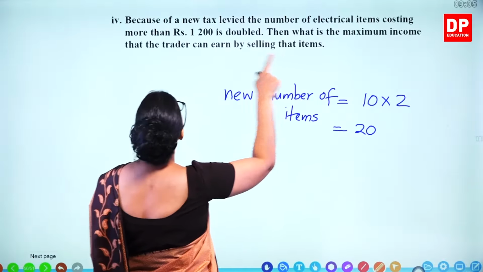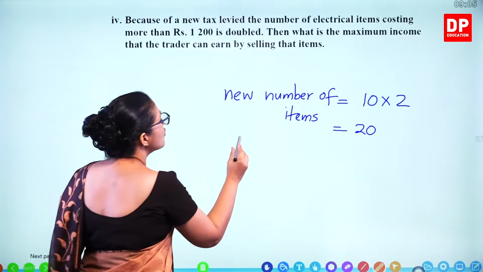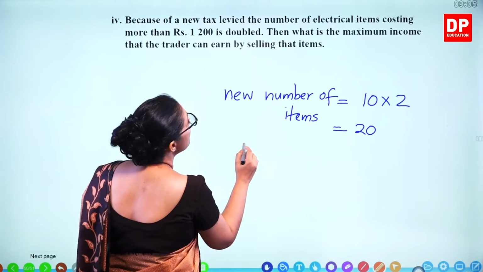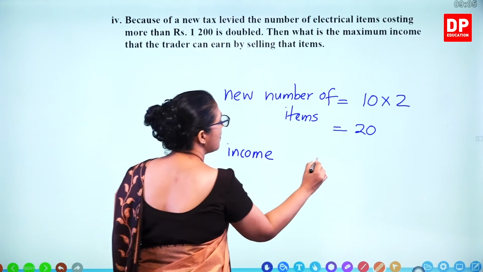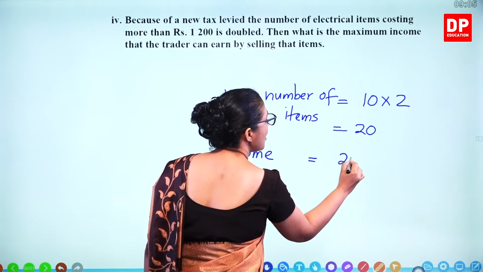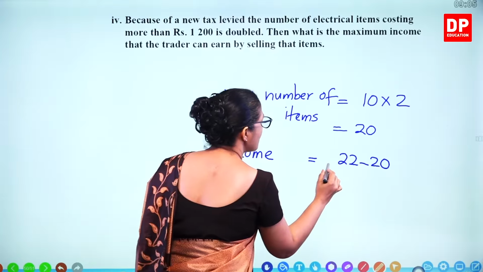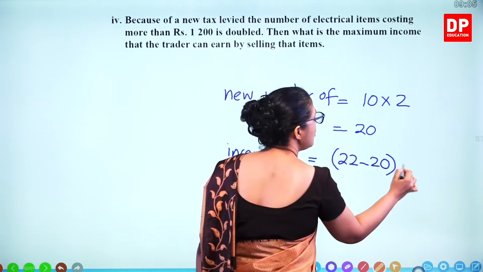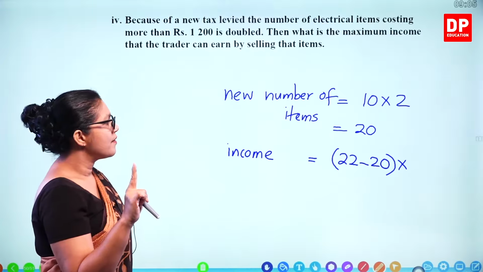Then what is the maximum income that the trader can earn by selling those items? So we can write income. Income becomes, first you have to find out the extra amount. So earlier 22 minus 20, that's 2, into one item is 1200.